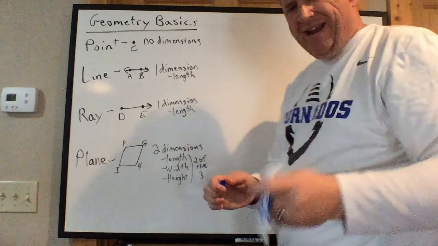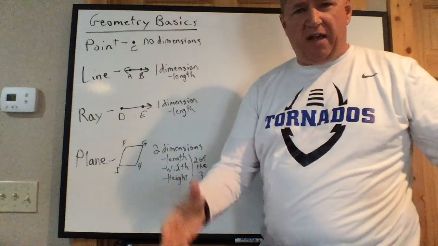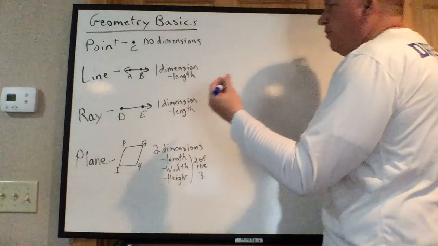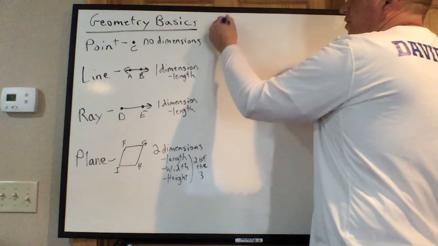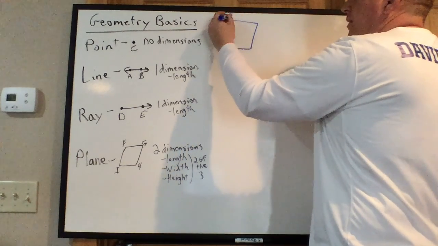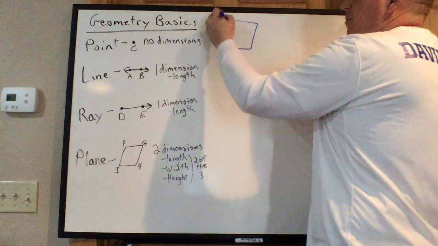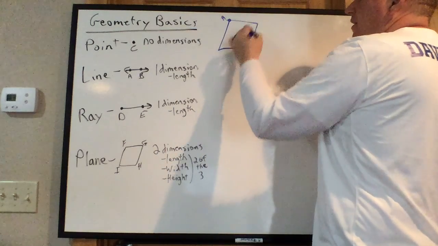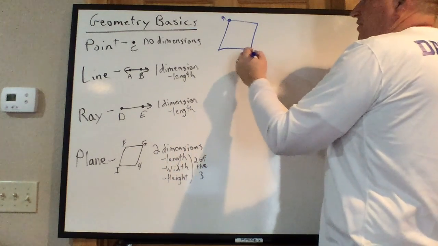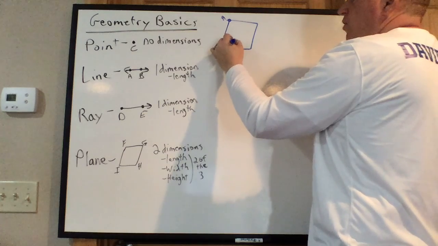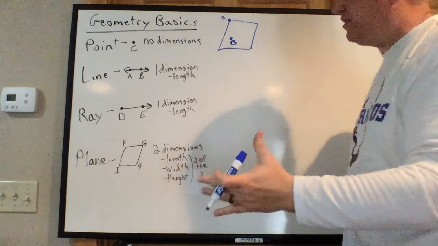So when you're looking at some of your papers in the quizzes, tests, worksheets, or anything that you're going to get, if you get a shape here, this right here, that would be a point, and they'll call that A. Okay, and sometimes they'll call this one B, just a point on it as they go through it.